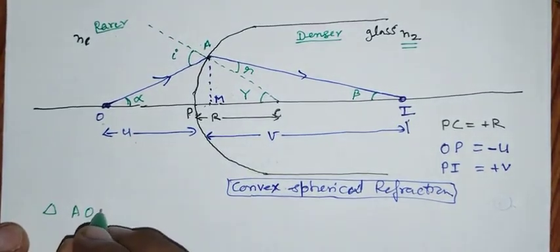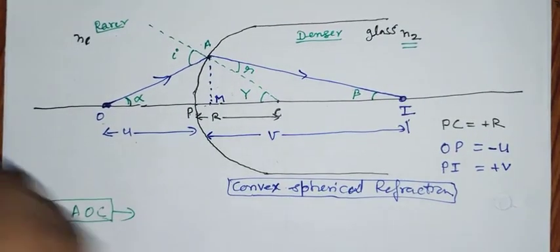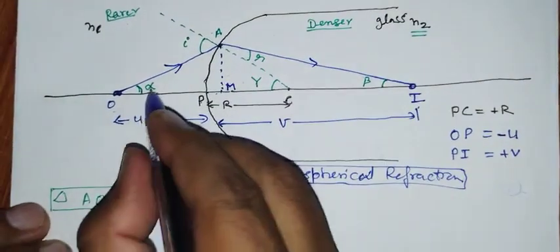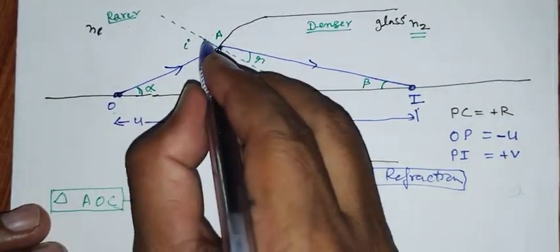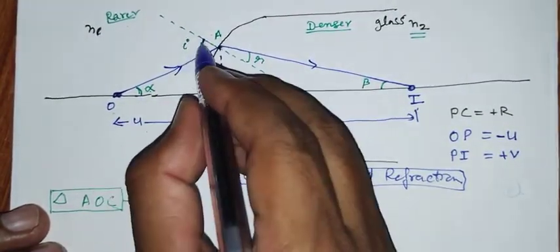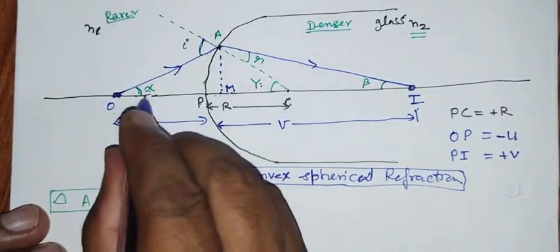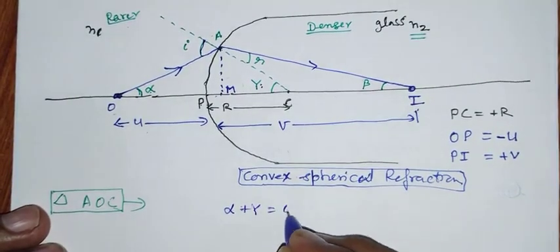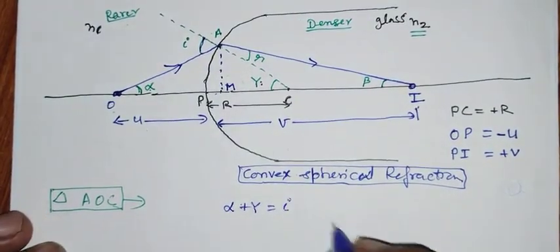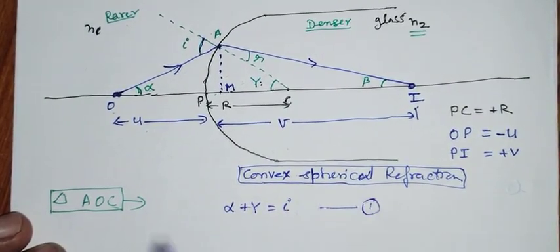In triangle AOC, we know the sum of two interior angles equals the exterior angle. These are the interior angles and i is the exterior angle. So the sum of two interior angles, alpha plus gamma, is equal to i. Equation number 1.